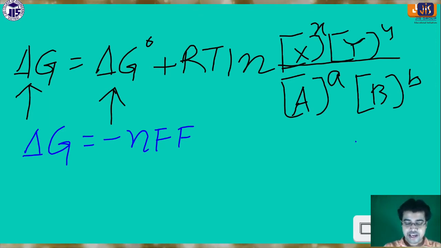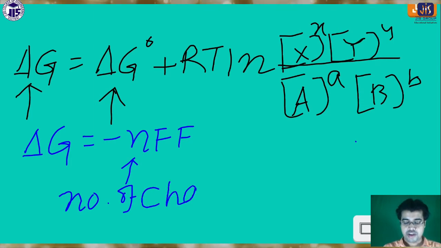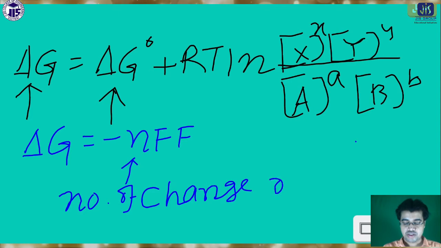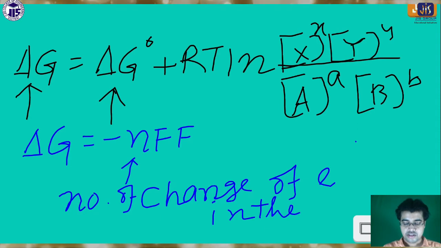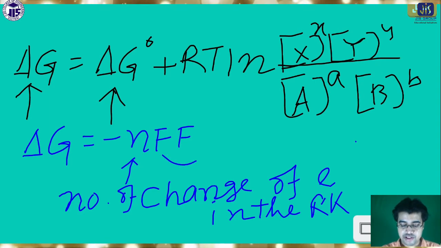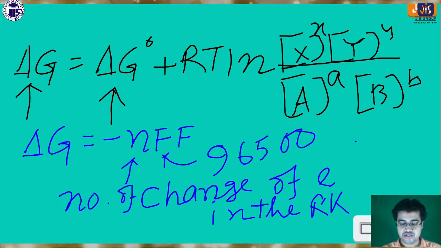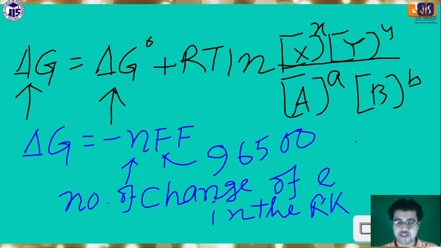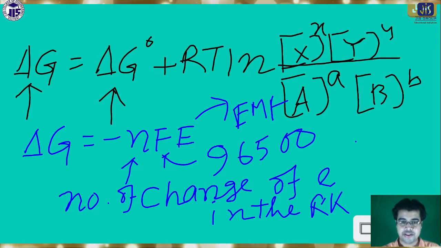What is n? n is the number of electrons exchanged in the reaction. You have to keep this in mind. What is F? F is the Faraday, and you know 1 Faraday equals 96500 coulomb. And what is E? E is the EMF of the cell.